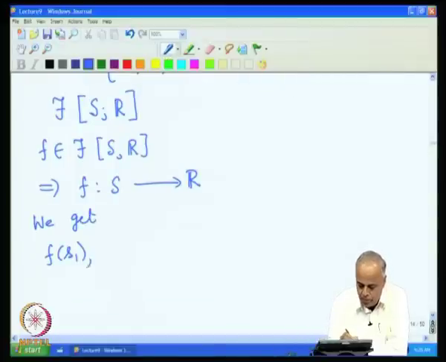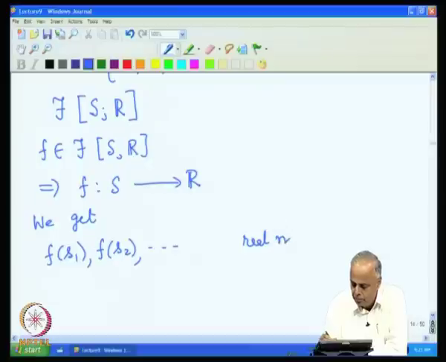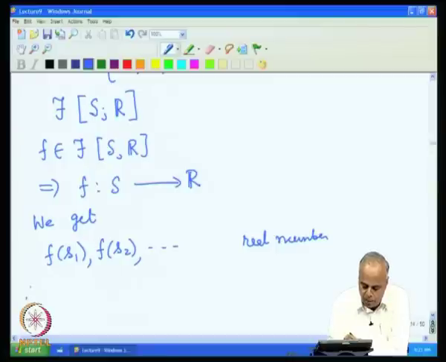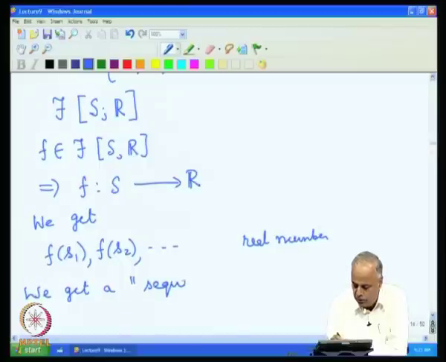And therefore we get F(s1), F(s2), etc., real numbers. Thus we get a sequence, an infinite sequence of real numbers.